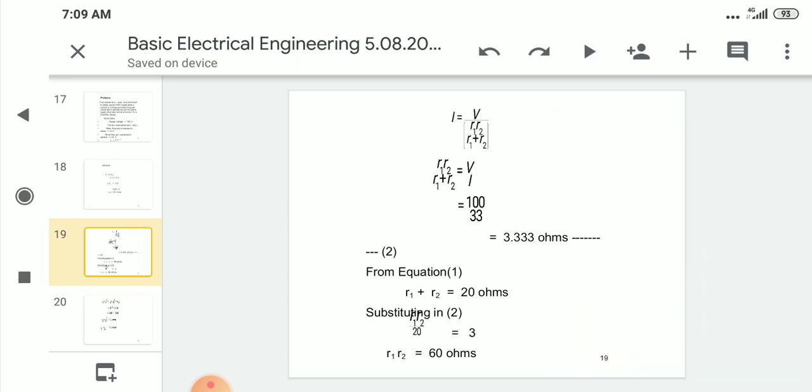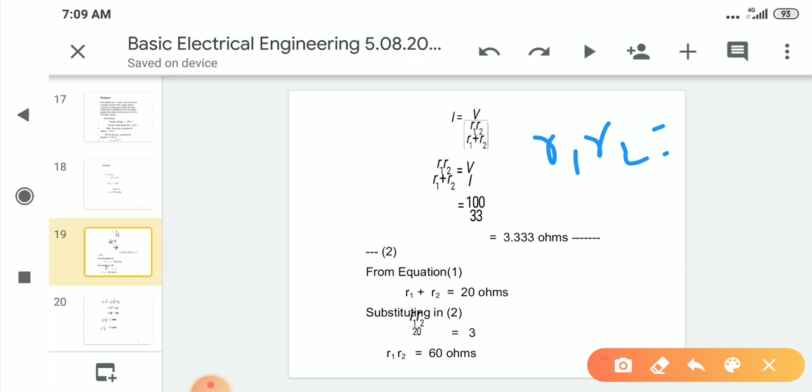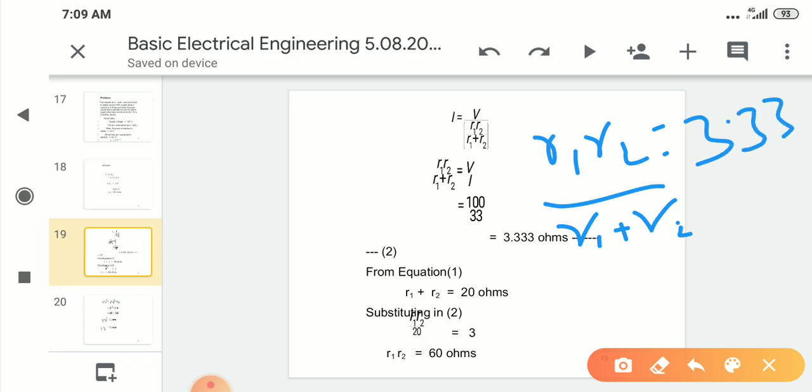Right? Then finally what we get? R1 R2 by R1 plus R2 is equal to 3.33.